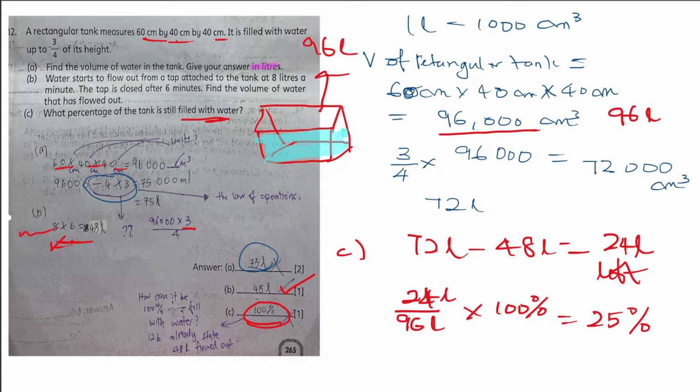There is a gap. So it only has 72 liter, 3/4 of it. And then it allows 48 liter to flow out. So it means now the water left after you flow out will be lesser.